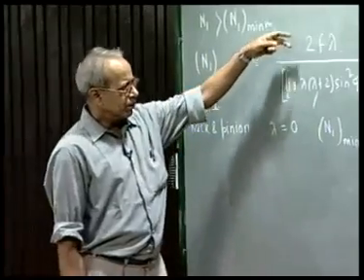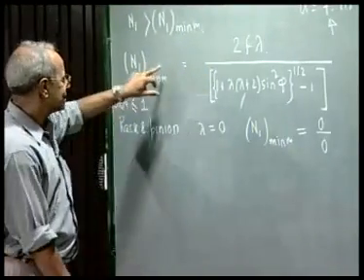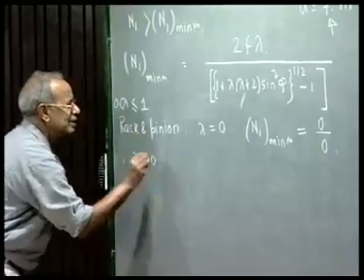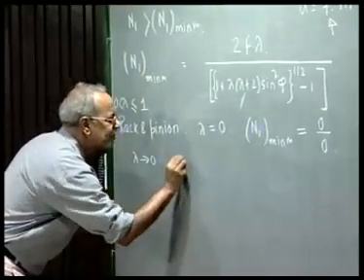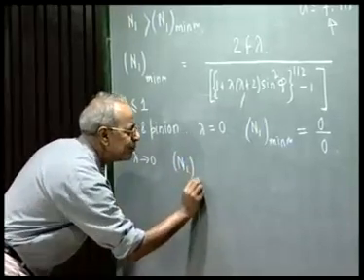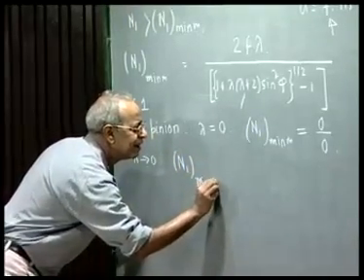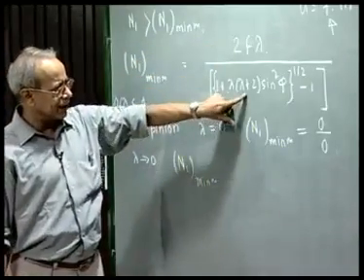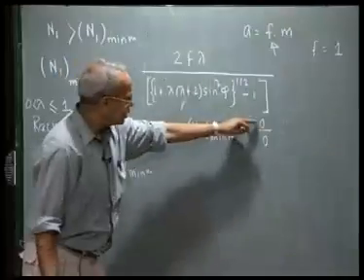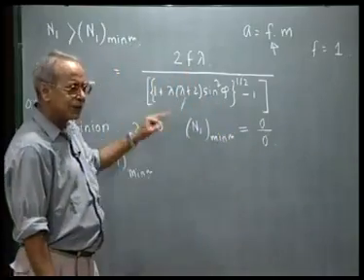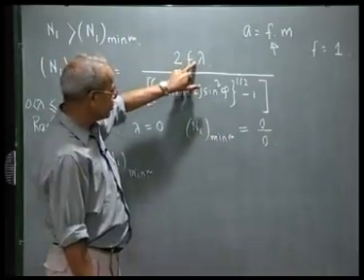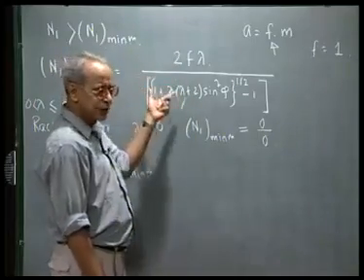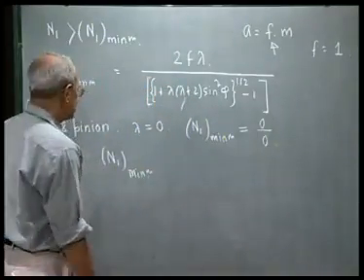As we know, we can always take the limit. Let us take the limit of this as lambda tends to 0. So, for rack and pinion, I can get N1 minimum by taking the limit of this expression as lambda tends to 0. Because it is of the 0 by 0 form, I can use L'Hopital's rule. That means differentiate the numerator with respect to lambda, denominator with respect to lambda, then put lambda equal to 0 and see what is the limiting value.